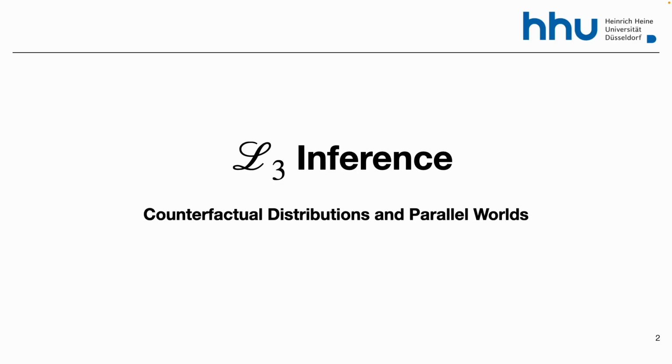Okay, so that's the third layer of Pearl's causal hierarchy, and it's related to counterfactual distributions and the idea of having this parallel world. So you have a way of combining different realities.